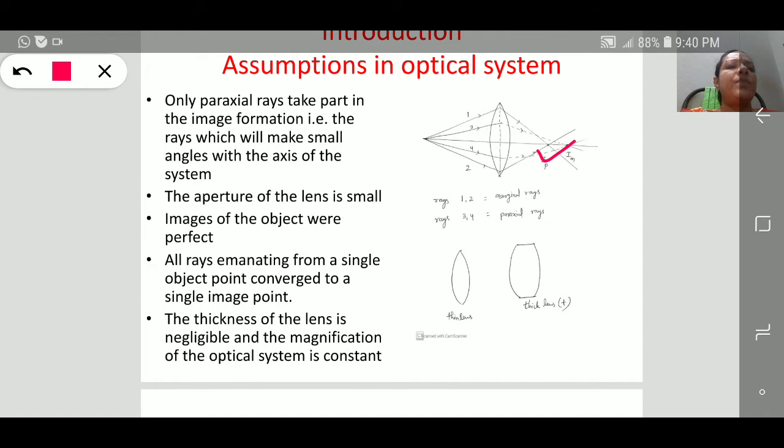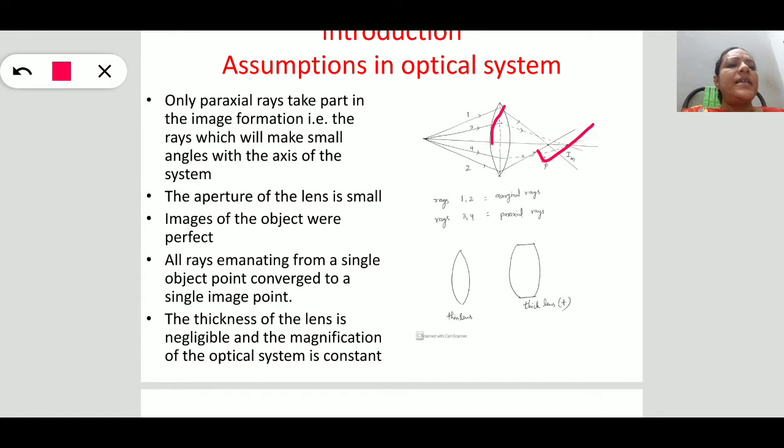This is a lens, and this is the object. The rays coming from this object are incident on this lens. After incidence, they get refracted and converge at one point, and we get the image. Here, one assumption is that we are not considering all rays, only the paraxial rays.